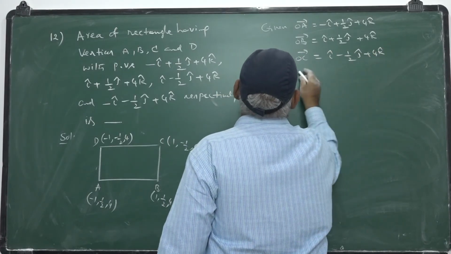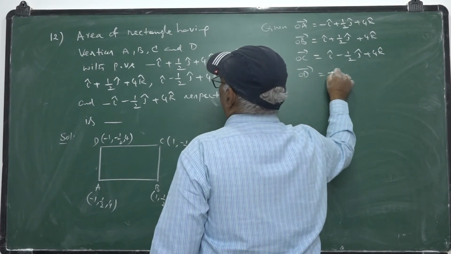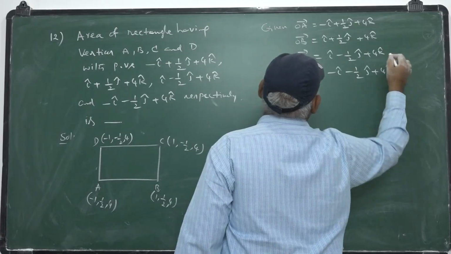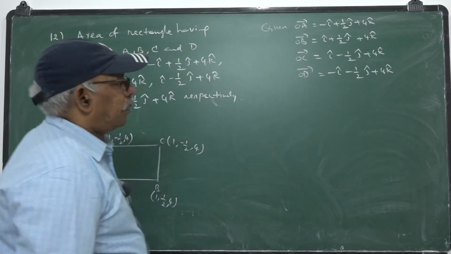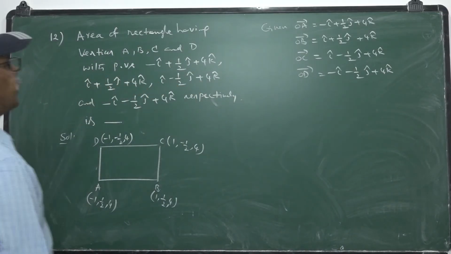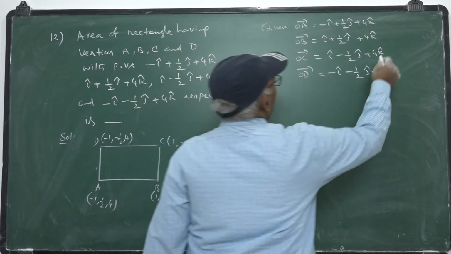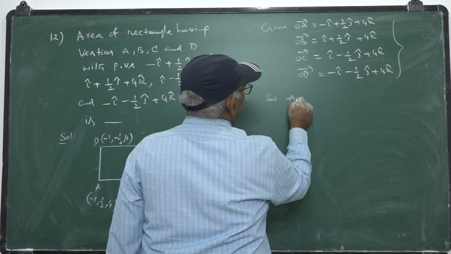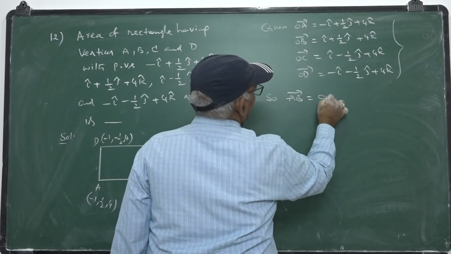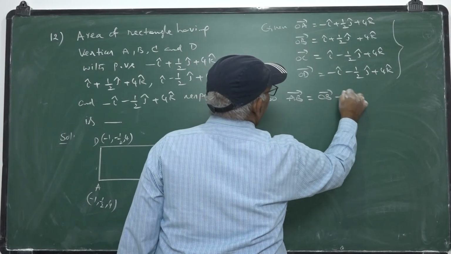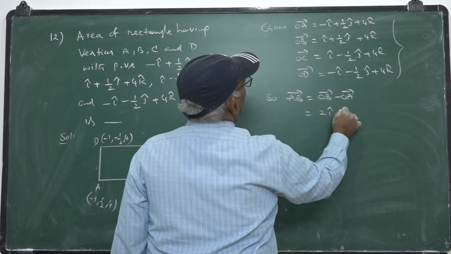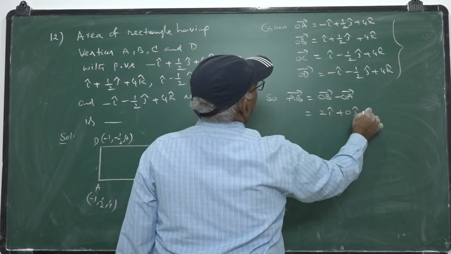OD bar is minus i minus 1 by 2 j plus 4k. So find the adjacent sides. AB bar is OB bar minus OA bar, which is 2i plus 0j plus 0k.